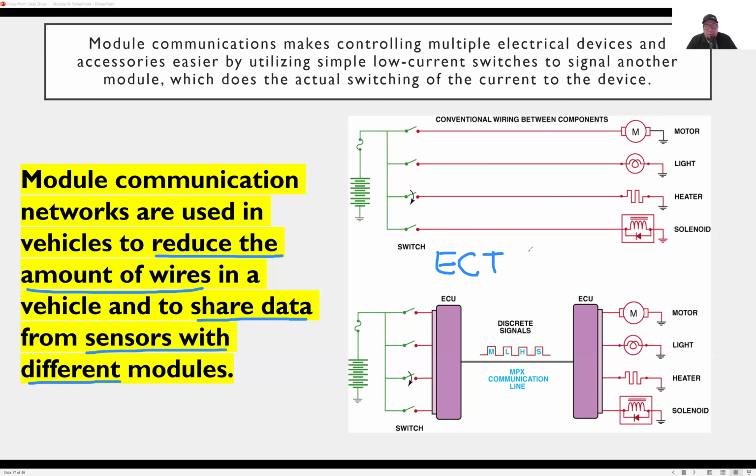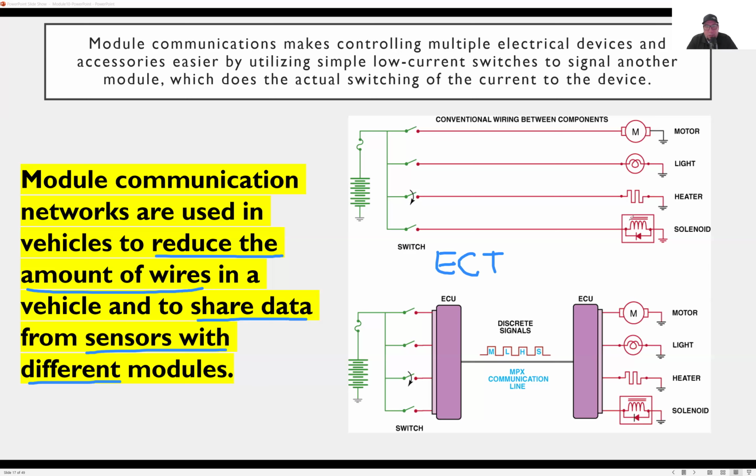Okay. We can have one sensor for, say, your door. If your door is not closed properly, there's one sensor for that, and then that can share information to the rest of the modules. It can share it to the dash, to the SRS, which is your airbag module, and to the chime, to turn the chime on, through the central electronic module or body control module.